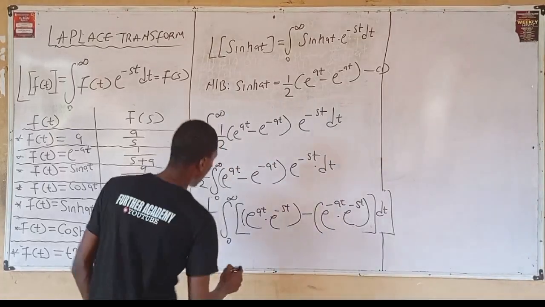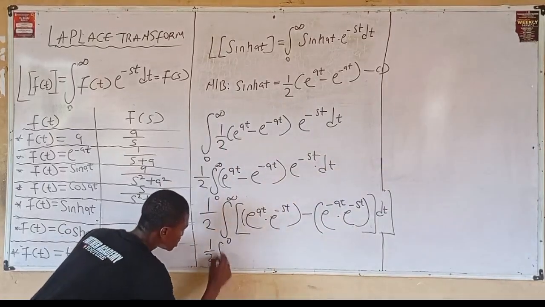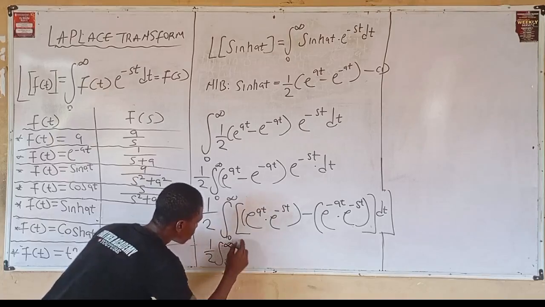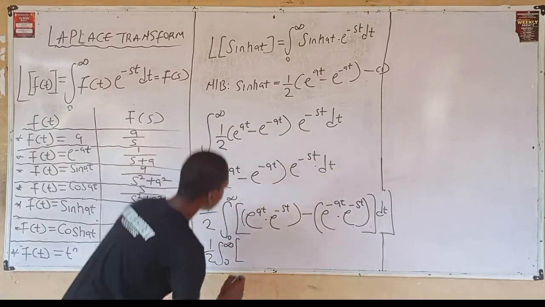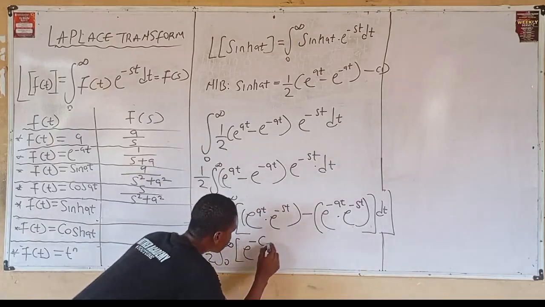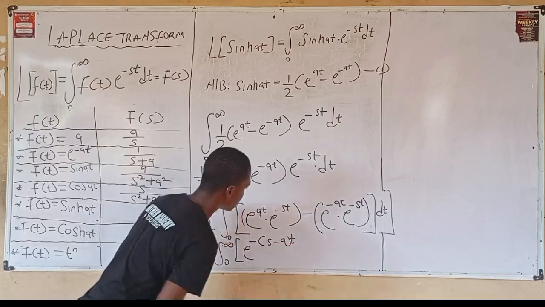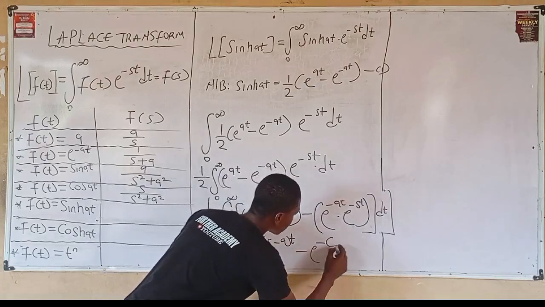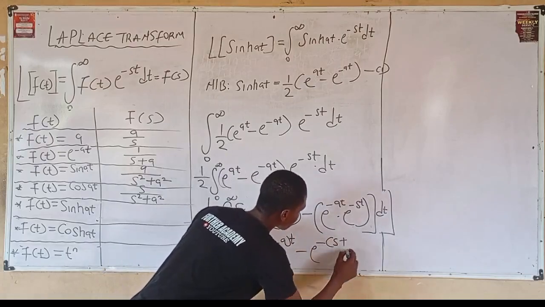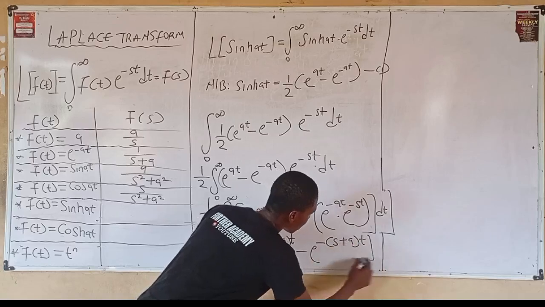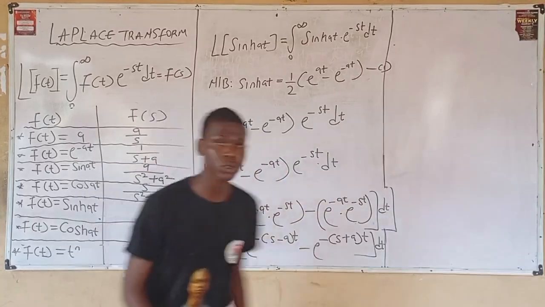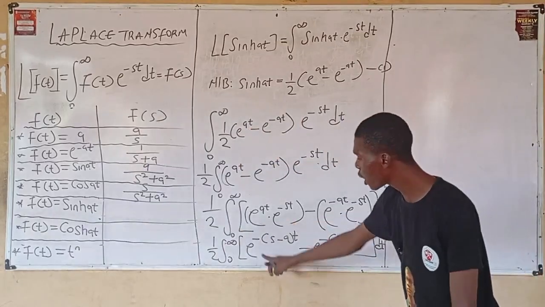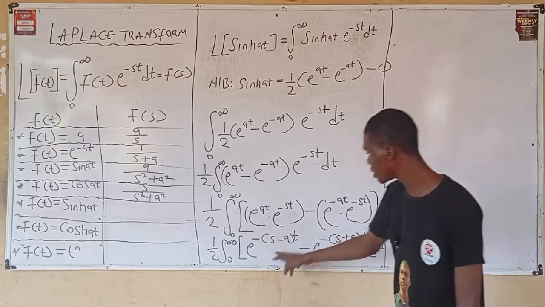So I have 1 over 2 integral from 0 to infinity of all into bracket exponential negative (s minus a)t minus exponential negative (s plus a)t. After taking the powers of these two exponentials, you have this.